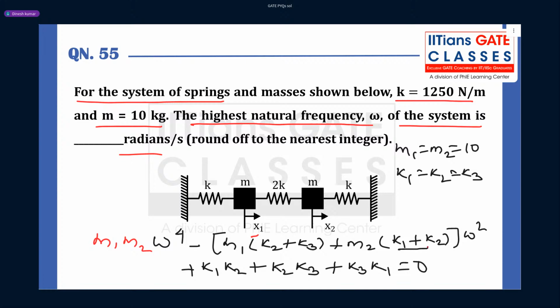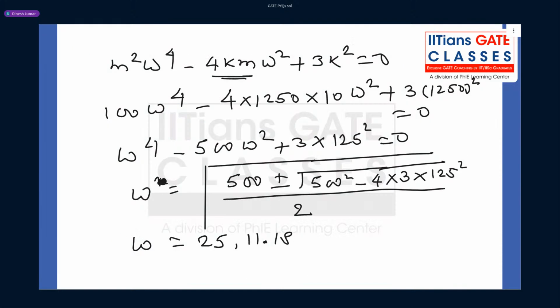Sorry. See here. K1 equal to K3 and K2 equal to 2K. Okay, guys, be careful. I've done this mistake. So it is 6k. Okay, 6k. So instead of 500, guys, please do this correction.